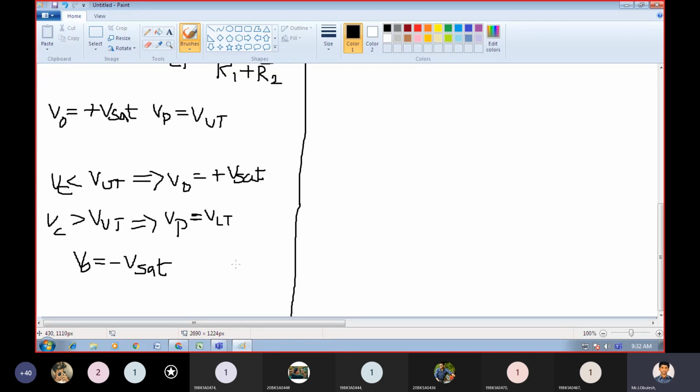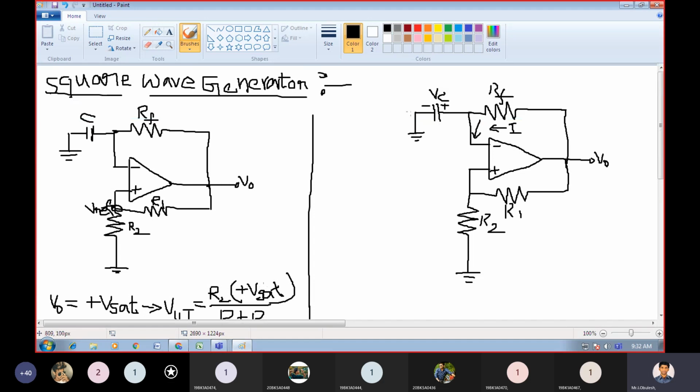It means that here the capacitor voltage reaches maximum. Once it reaches the maximum value, it will start to recharge. At that time the V naught value is minus V saturation. If it is positive V saturation, the capacitor is going to charge up to the maximum level. Once it reaches the maximum level, the negative goes to positive, and the output switches from plus V saturation to minus V saturation.